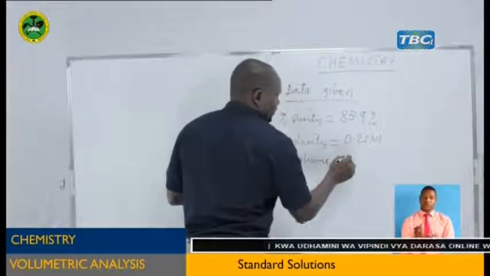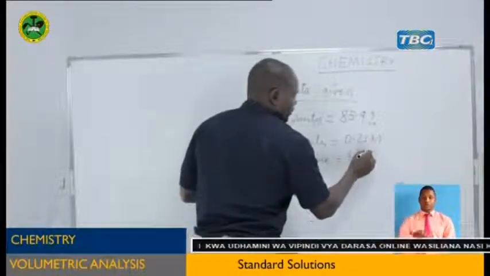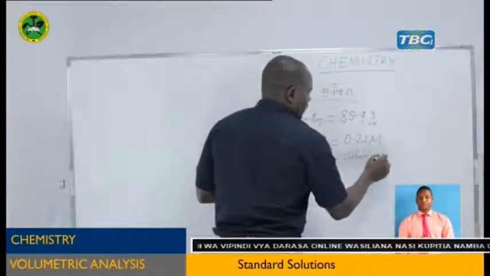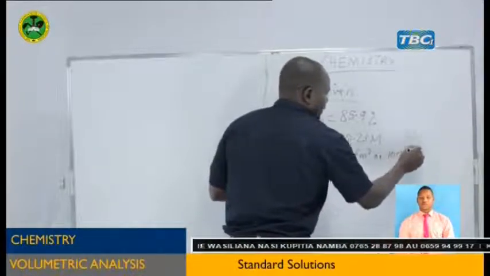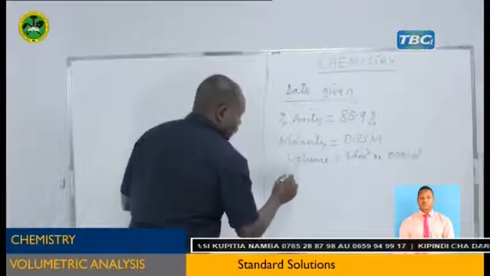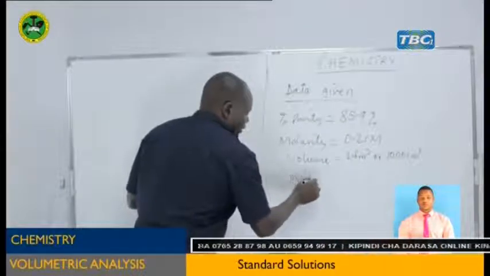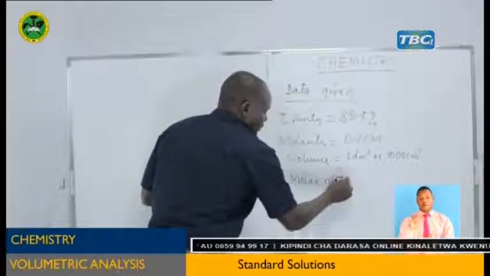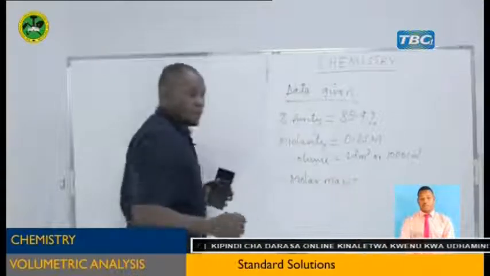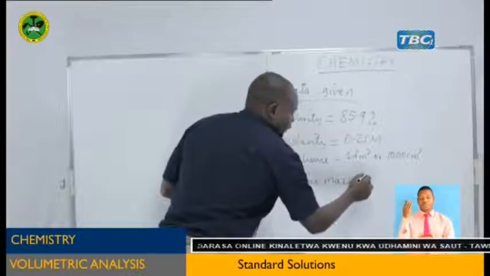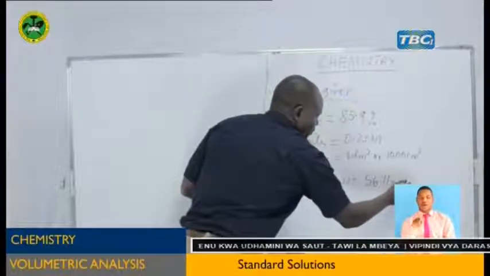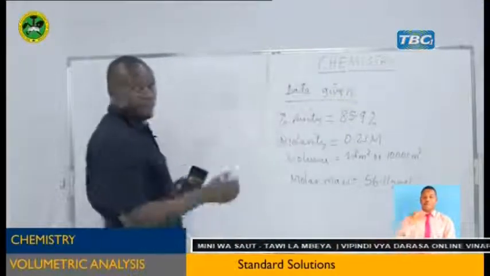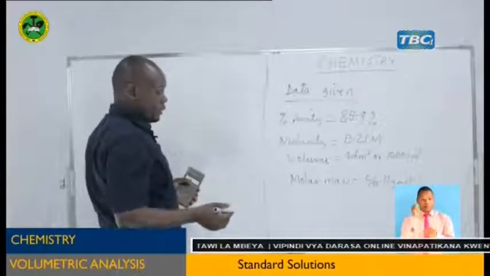So it's 1 decimeter cubed, or 1,000 cubic centimeters. We have also been given the molar mass, which is 56.11 grams per mole.